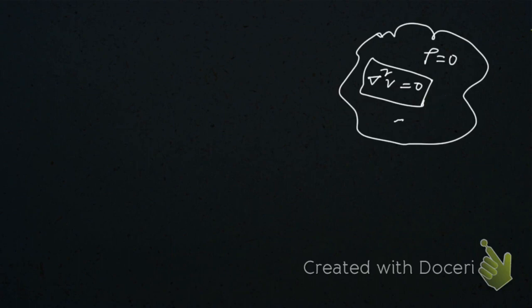Suppose the electric potential at the boundary is Vb, and the Laplace equation is also valid here. So del square V is equal to 0.